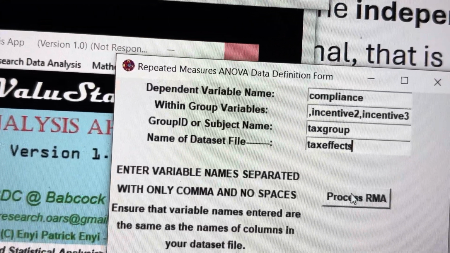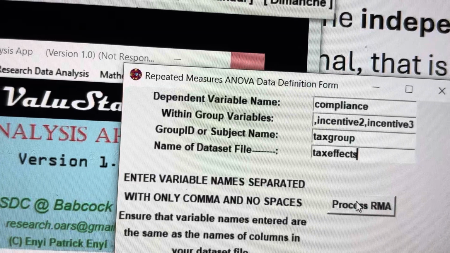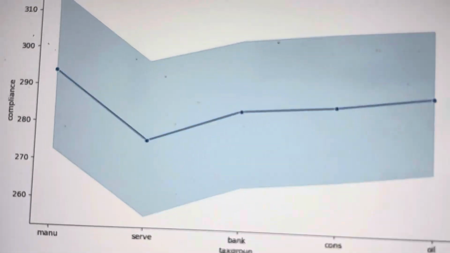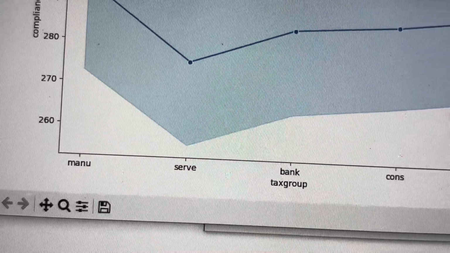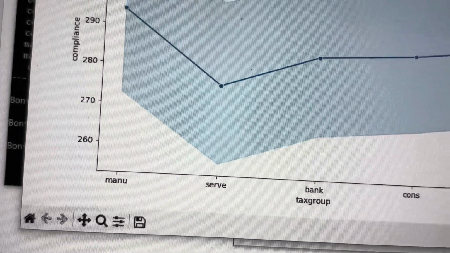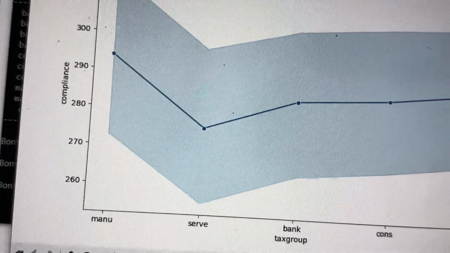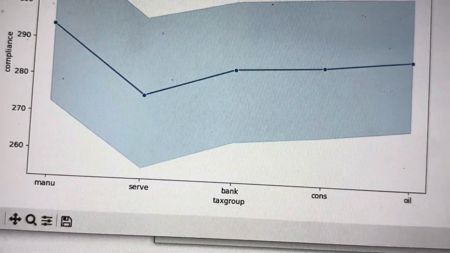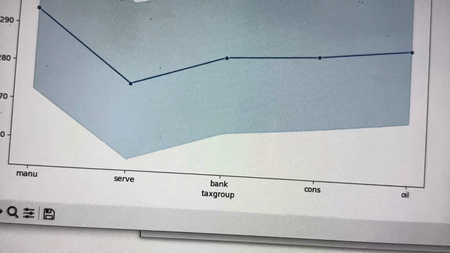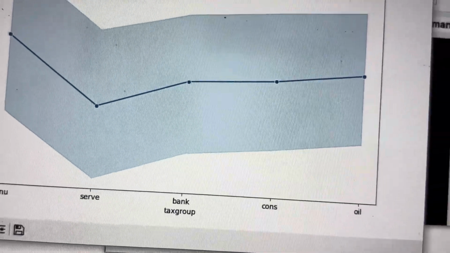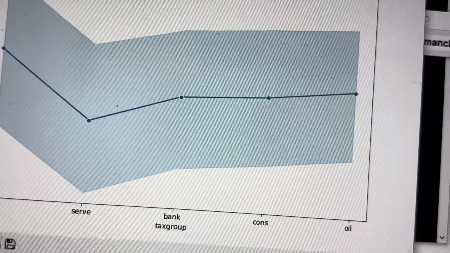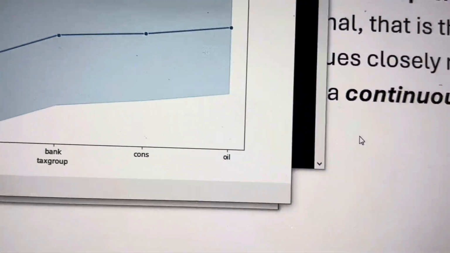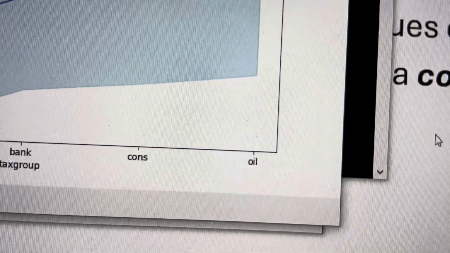So now we click OK and see what happened. Okay, it started. Now you can see with this one, the first group is manufacturing group. The second group is service group, just by itself, and then the third group is bank. The fourth group is construction, while the last group is oil.